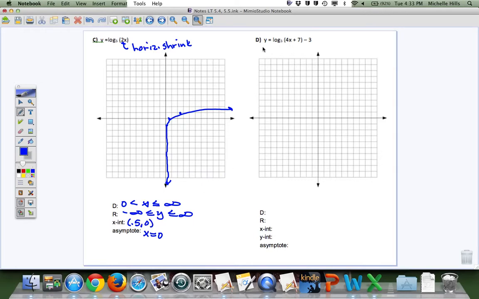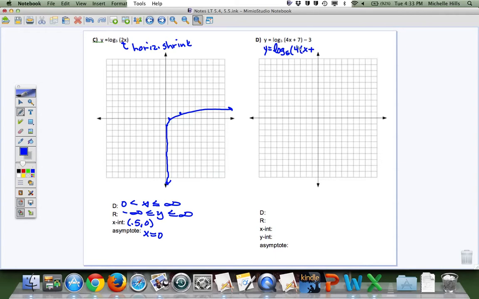This is the one that gets to be kind of tricky. Remember that my horizontal translation, or my horizontal shift, is based on whatever is added or subtracted from the x, not from the 4x. So what I really have to do is to factor that 4 out, and then this would be x plus. Now remember, if I'm factoring out, it's kind of the opposite of the distributive property.